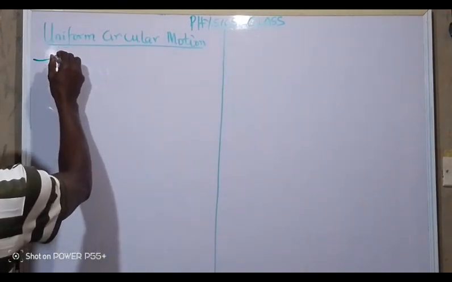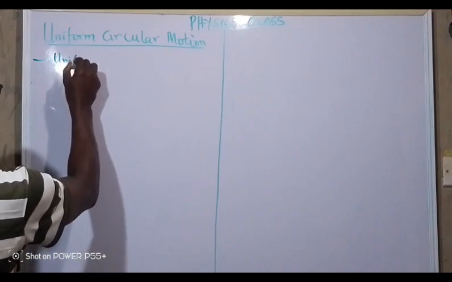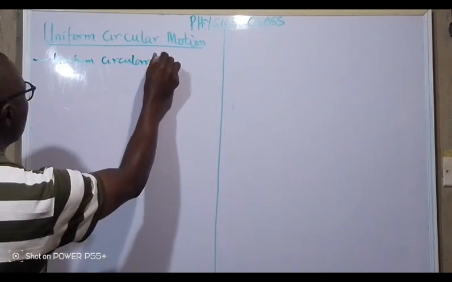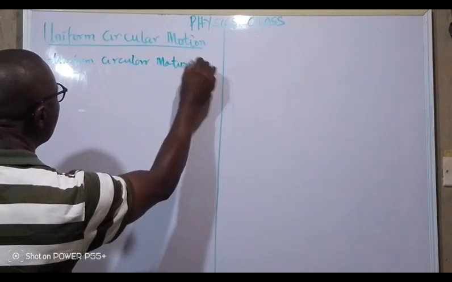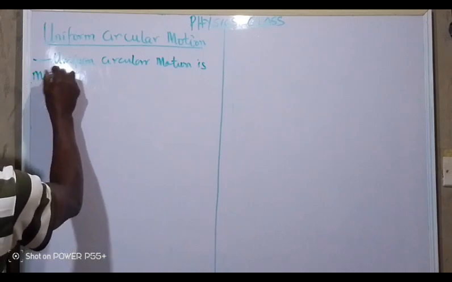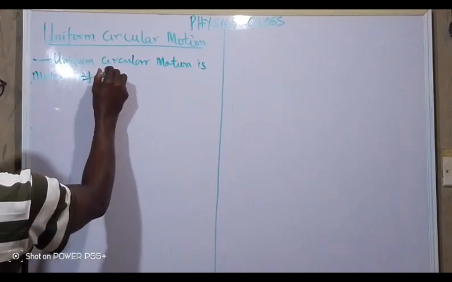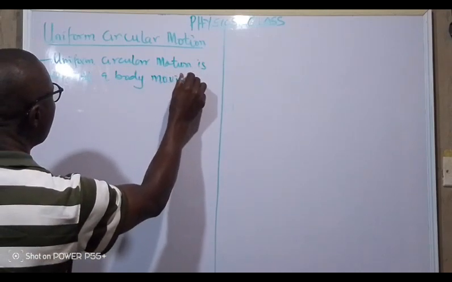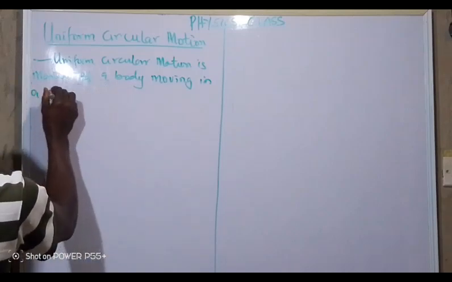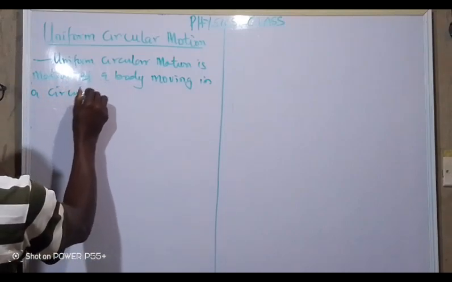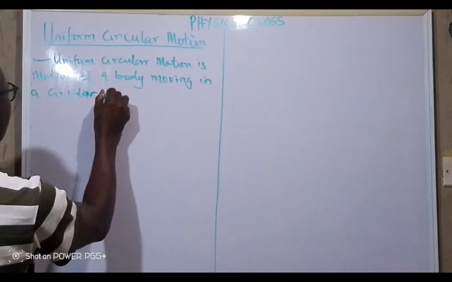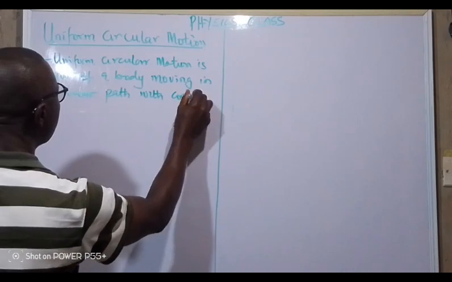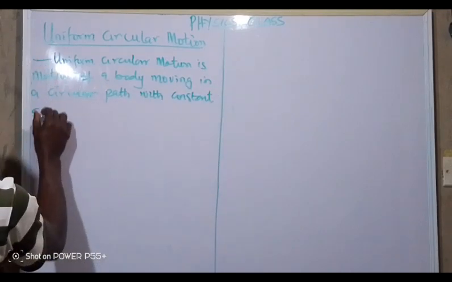That is, uniform circular motion is the motion of a body moving in a circular path with constant speed.